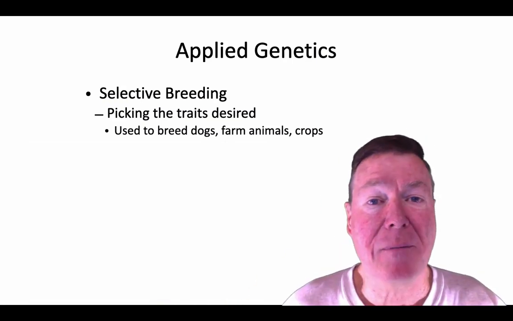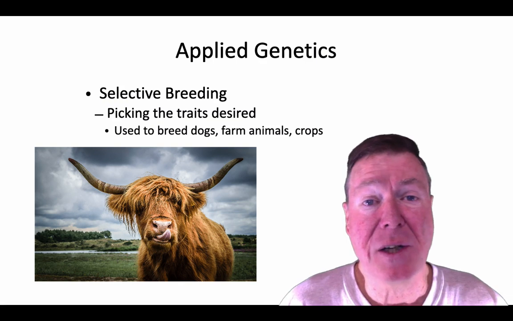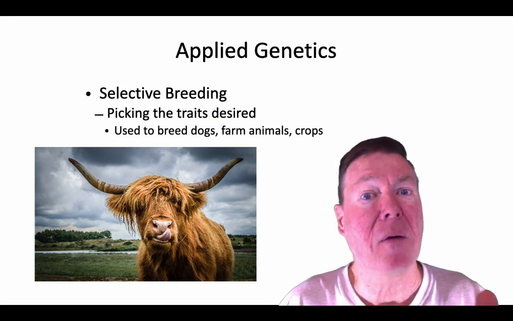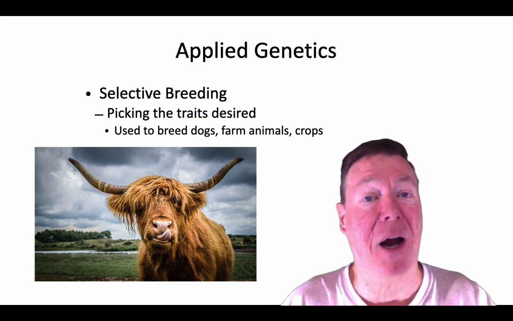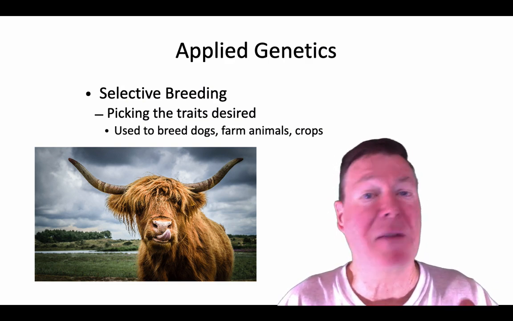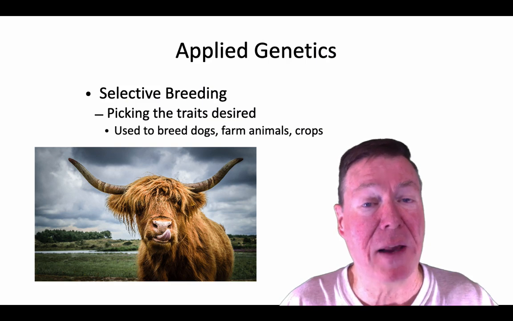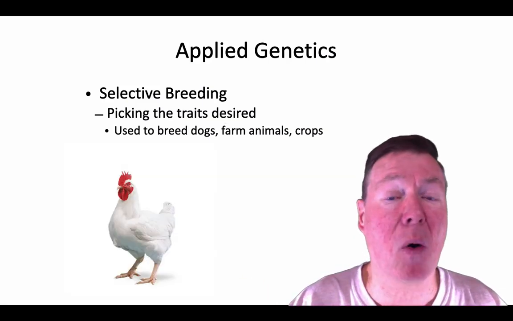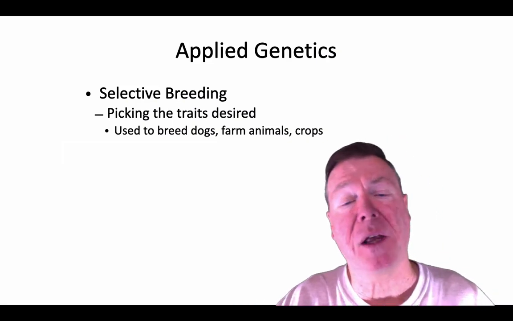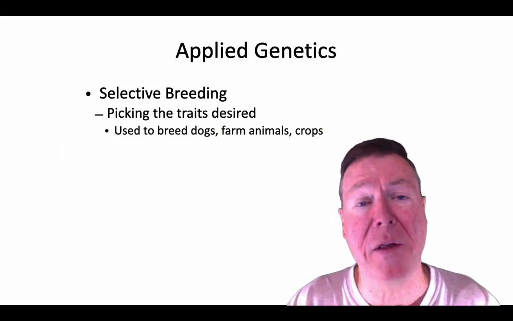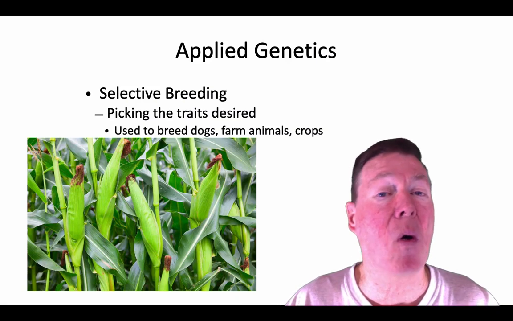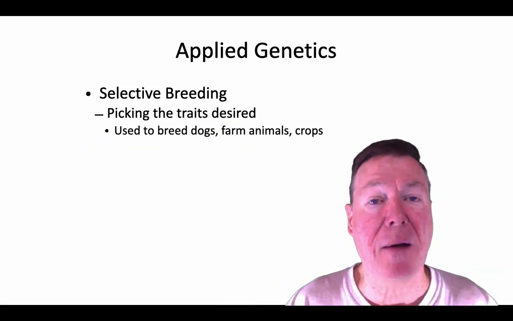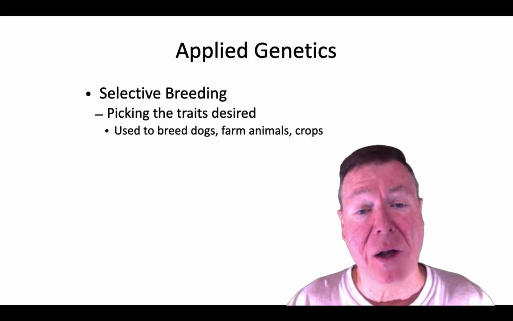We breed farm animals. If you're raising steers for cattle, for beef, you want a cow that has a lot of beef on it because you're paid by the pound of beef. So if you can get one steer that has more beef than another, that makes you money. Or if you have chickens that lay more eggs, that makes them more profitable. You're growing crops. If you can grow corn that has more ears of corn per plant, per stalk, then that makes it more profitable. You can do that with genetics, and that's what they do.